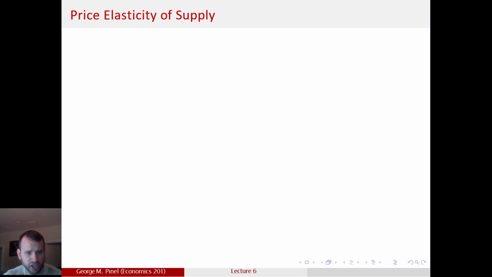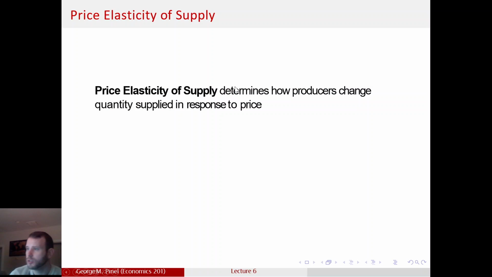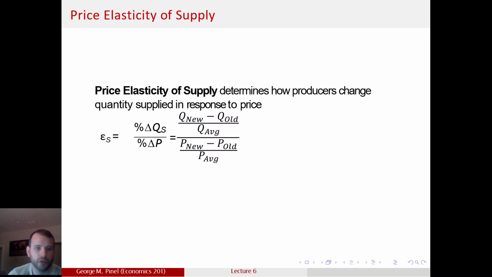So it's just like the price elasticity of demand, except now instead of quantity demanded, we're talking about quantity supplied. Price elasticity of supply determines how producers change their quantity supplied in response to price. The formula is exactly the same, except that Q new and Q old are related to the quantity supplied, not the quantity demanded. Everything else is the same.